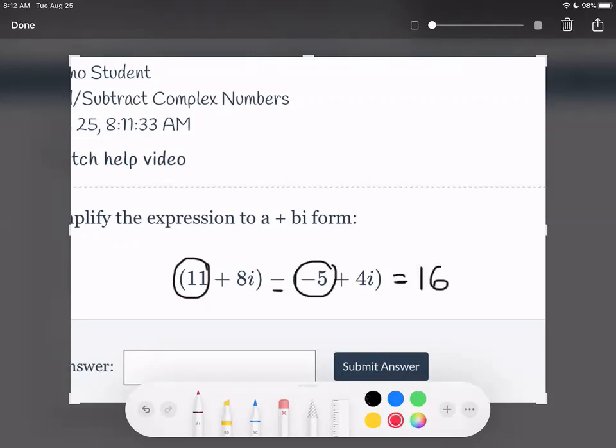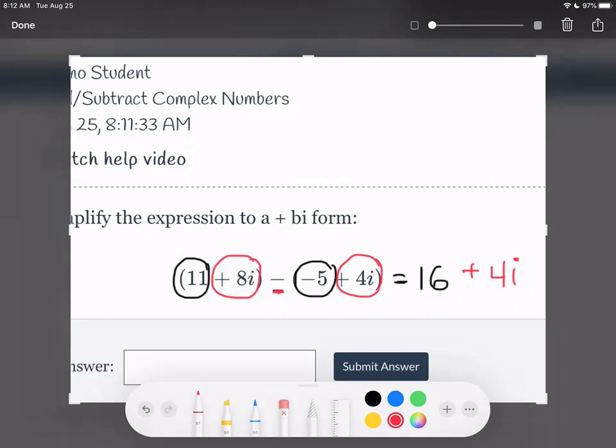And then let's combine the i pieces. We have the 8i minus 4i. So 8i minus 4i, that's going to be plus 4i. My stylus is kind of bad, sorry. So we have 16 plus 4i.